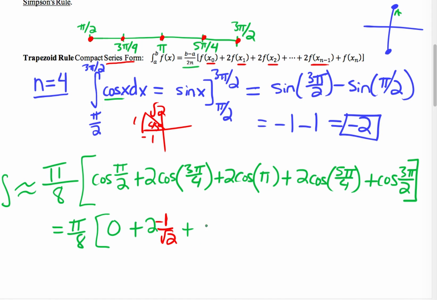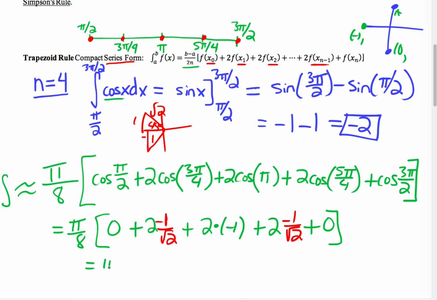Okay, so then I'm going to have plus 2 times the cosine of pi. Pi is right here, cosine is x, so that's negative 1. Plus 2 times the cosine of 5 pi over 4. I'm just going to go back to my unit circle. 5 pi over 4 is right here. I think the cosine is going to be the same thing as that 3 pi over 4 one. And then the cosine of 3 pi over 2. 3 pi over 2 is down here. Cosine is nothing again. So you just need to simplify and you've got your estimate.